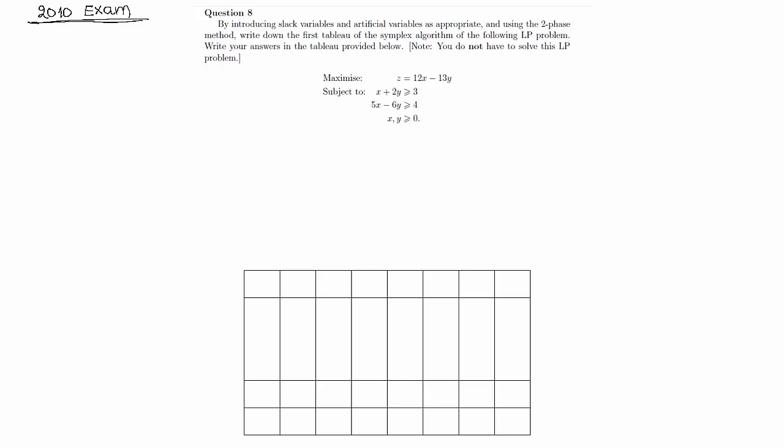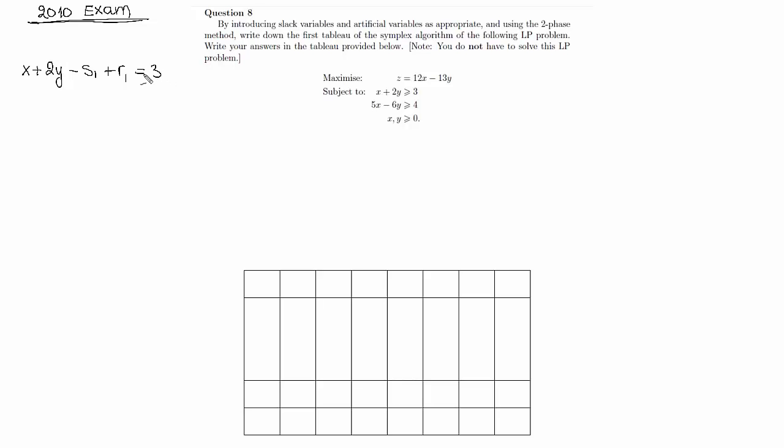So our constraints now will be x plus 2y. Since we have the greater than or equal to inequality, we have minus s1, our slack variable, plus r1, the artificial variable that we add. And this is equal to 3.